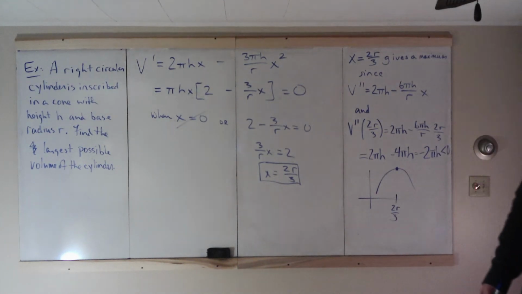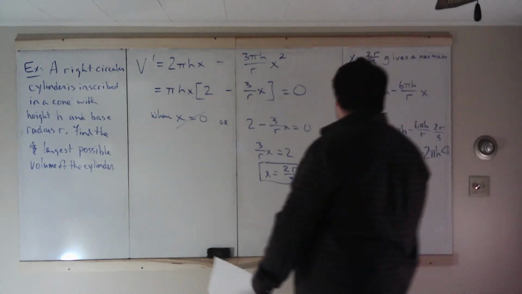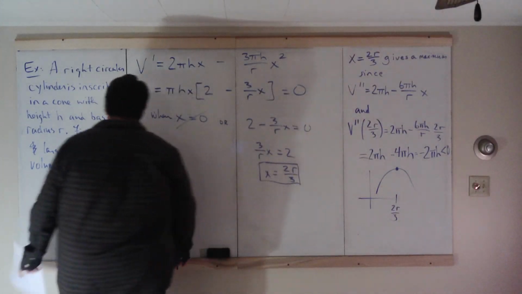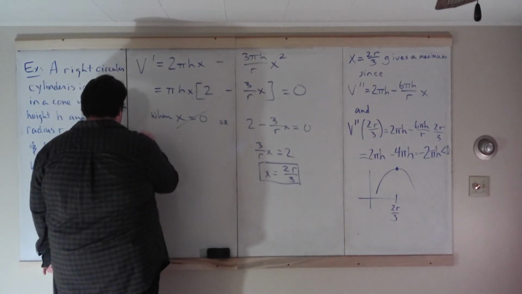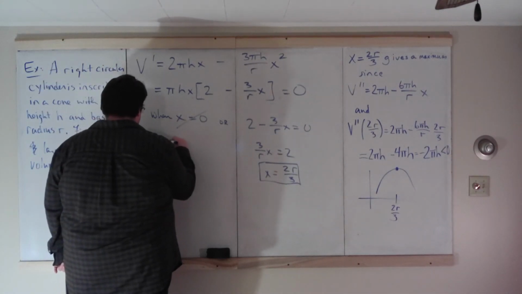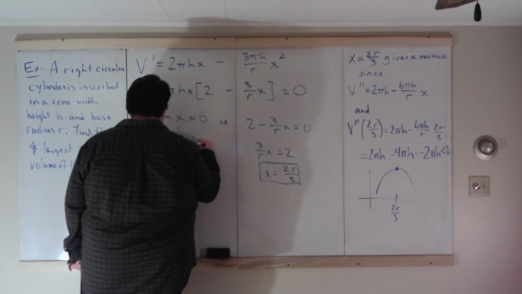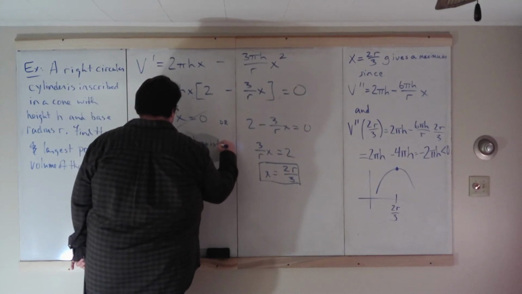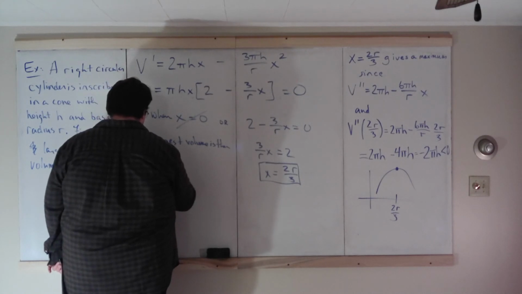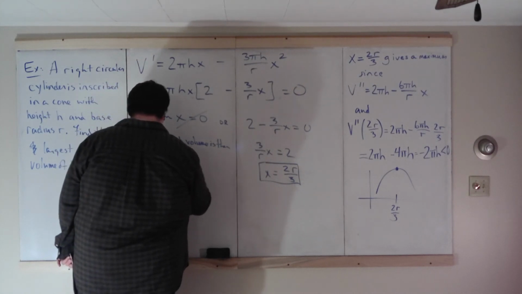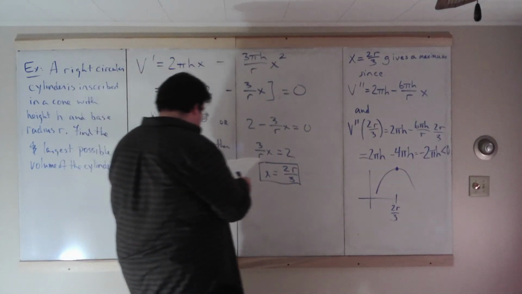Now this doesn't answer the question, because we want the largest possible volume. We don't just want the x value. So I'll just answer that here. The largest volume is then volume evaluated at 2r over 3. What's our volume function?